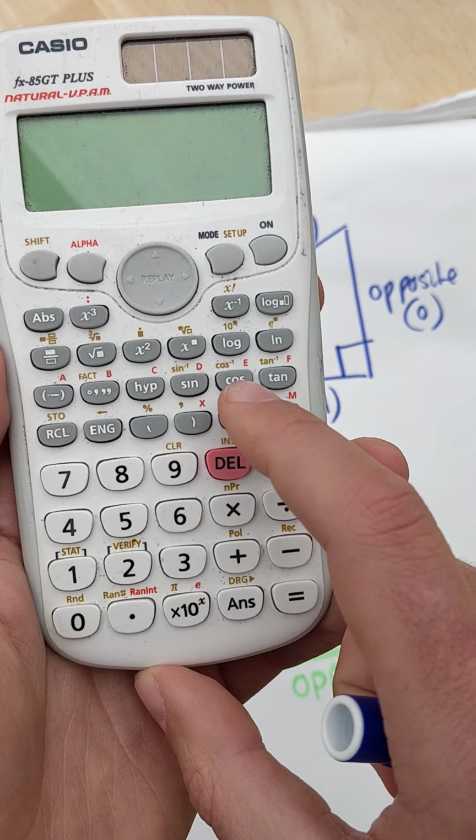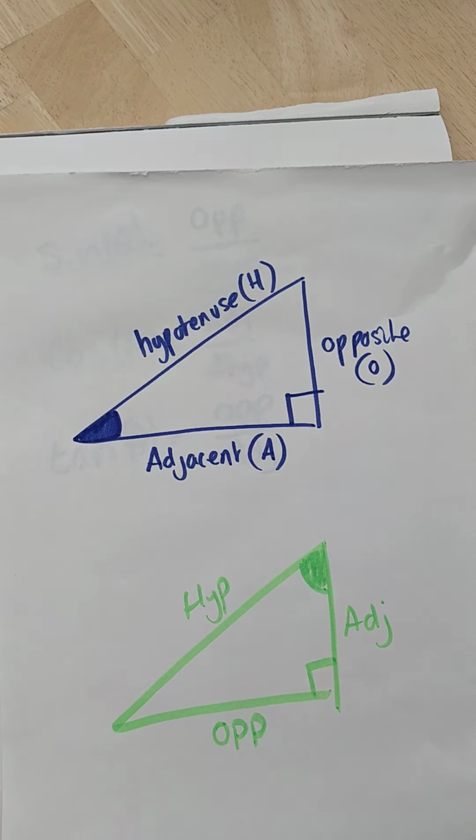Now the cos ratio relates to the adjacent and the hypotenuse. So if you had that angle and you're working with these two, you would use the cos ratio. And the tan ratio is opposite over adjacent. So if you had that angle there, you're working with those two. That's how it works.